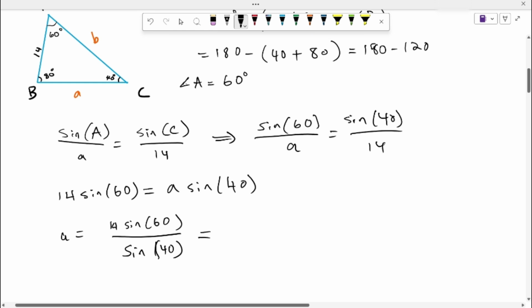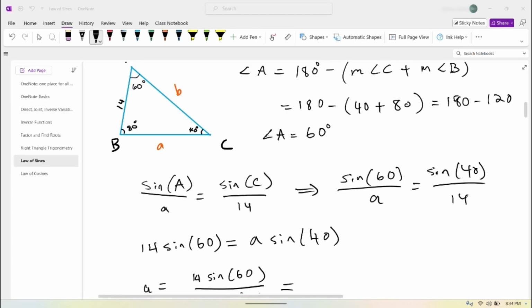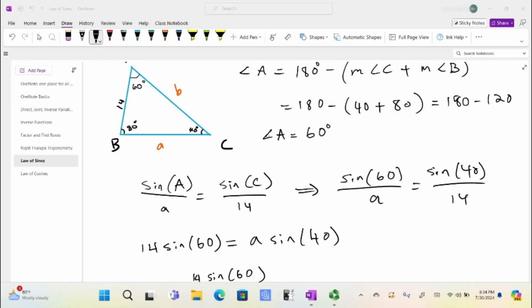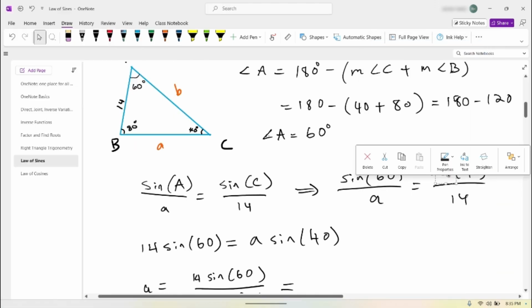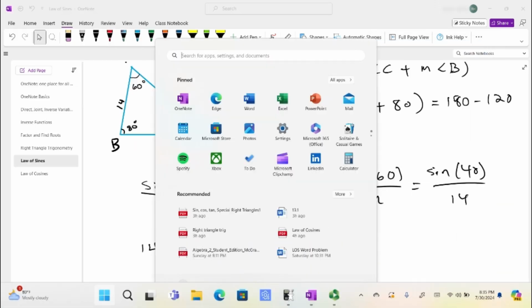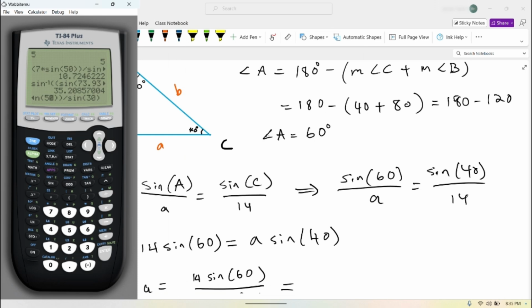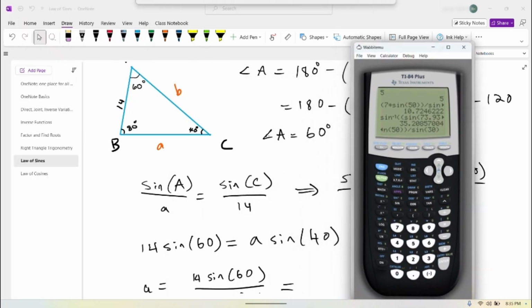Now I can grab my calculator and see what this equals. I have a similar setup on my calculator already, so I just need to change the numbers. Oops, the calculator went away. All right, let's bring the calculator over here.